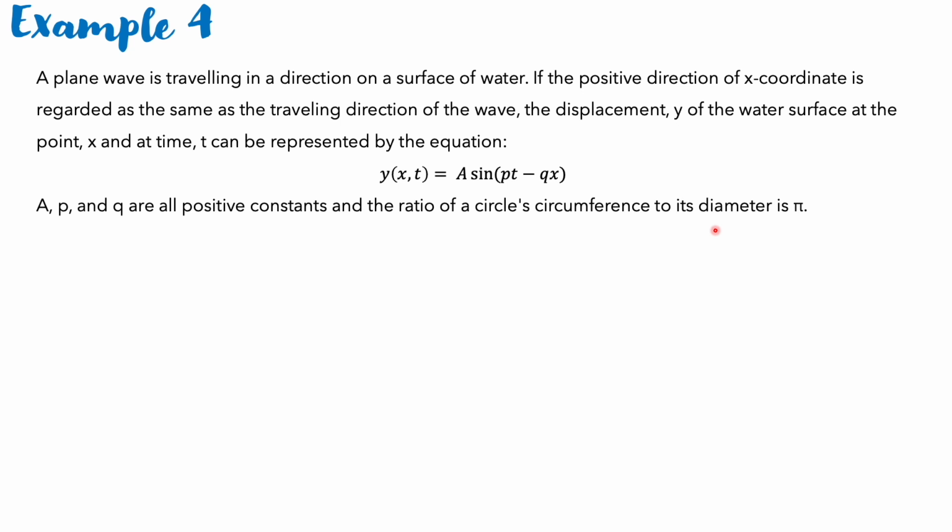So if you divide them, you get pi. 2 pi r divided by 2r is equal to pi. So this is a way of expressing it.